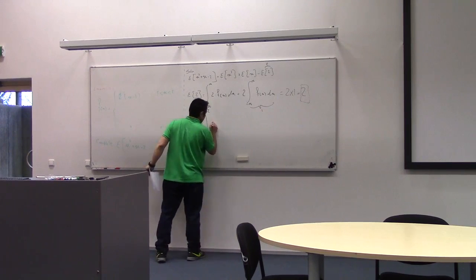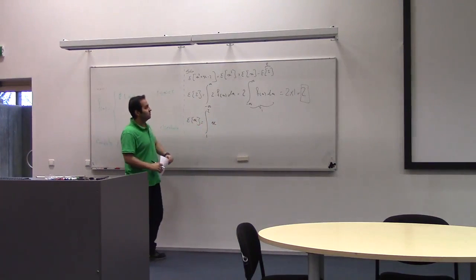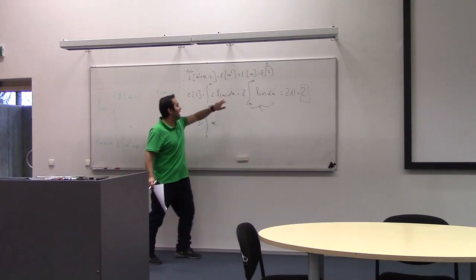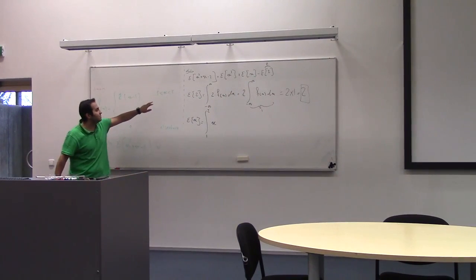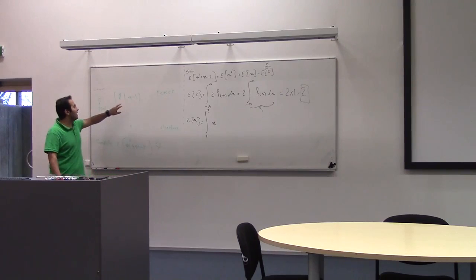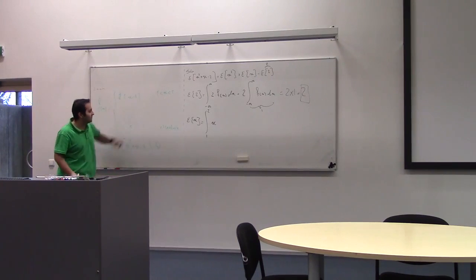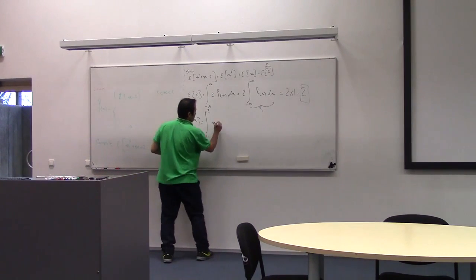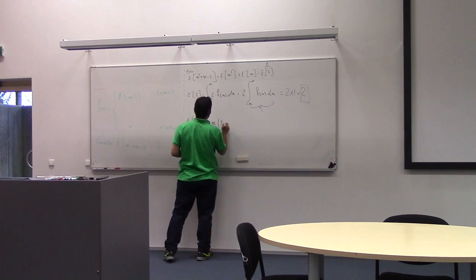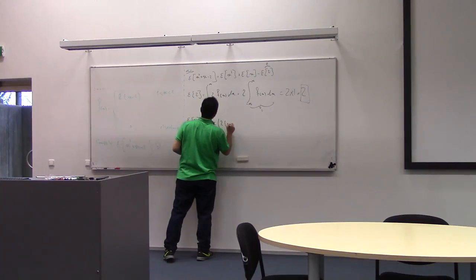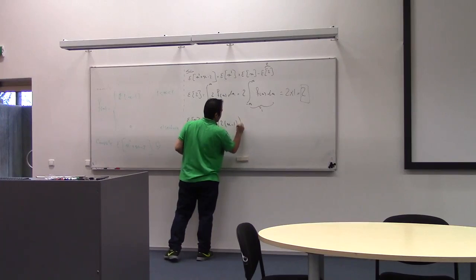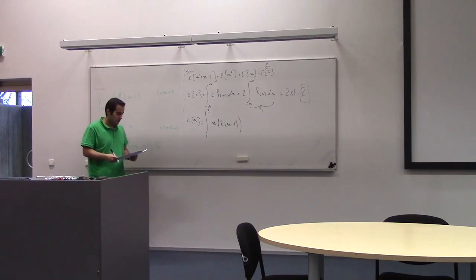Then we write x, the random variable, and f(x). And we know that between 1 and 2, f(x) is 2 multiplied by x minus 1.